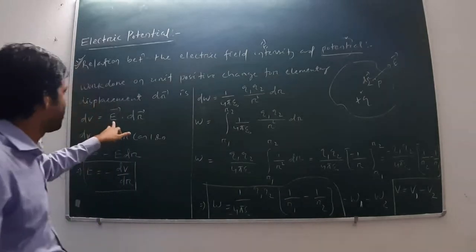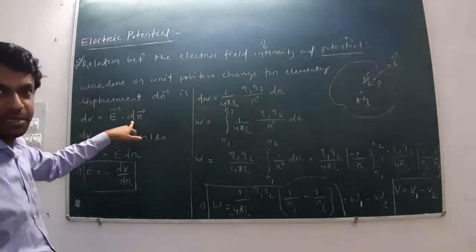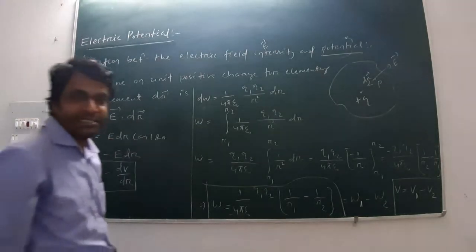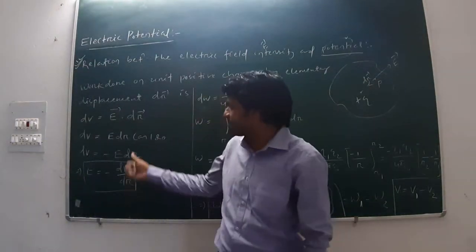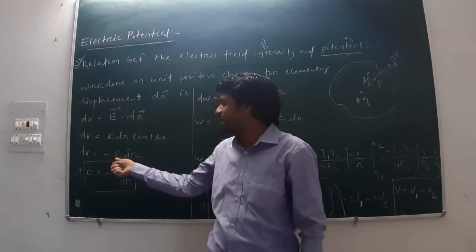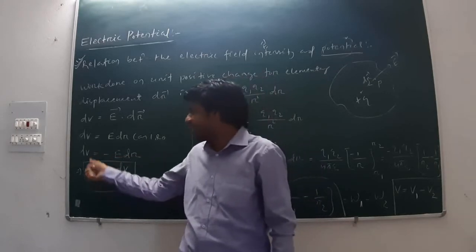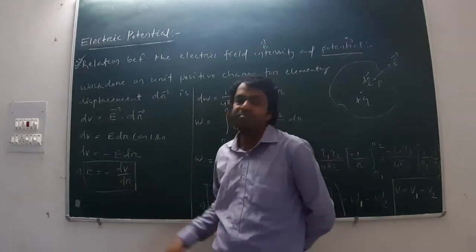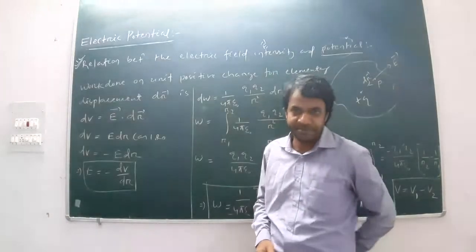Now dV is equal to E vector dot dr vector, or dV is equal to E dr cos 180. Cos 180 is equal to minus 1, so dV is equal to minus E dr, or E is equal to minus dV by dr. dV by dr is known as the potential gradient.